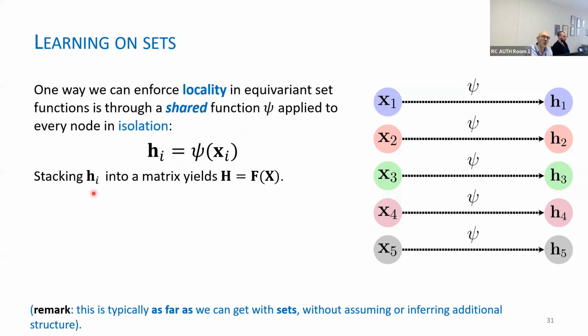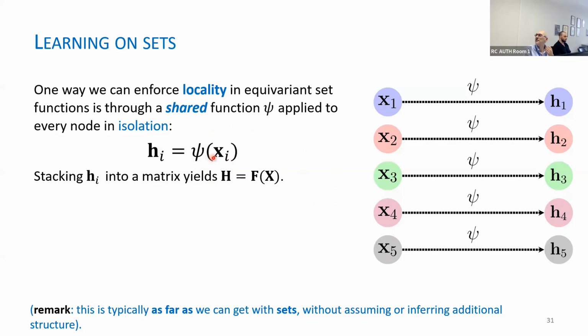Then we can stack together the outputs H1 to H5 into a matrix, and this is the global operator that transforms the set of points.